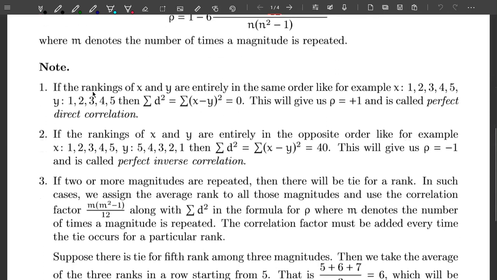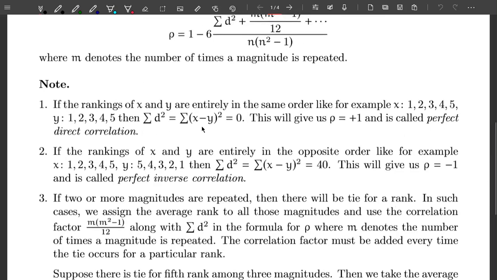A few notes. First, if the rankings of x and y are entirely in the same order, for example, the ranks of x are 1, 2, 3, 4, 5, and the ranks of y are 1, 2, 3, 4, 5, that means when x has rank 1, y also has rank 1. Suppose you calculate summation of (x minus y) whole square, what do you get?